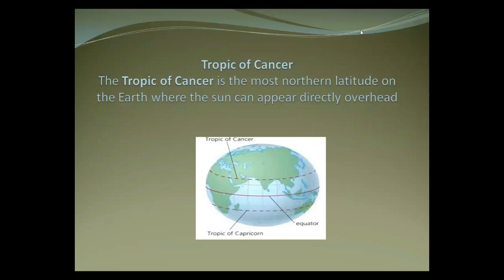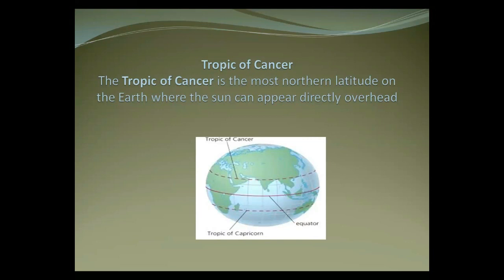Solstice. What is the meaning of the solstice? Two times of the year, like summer and winter, when the northern hemisphere is tilted. What is the meaning of tilt?